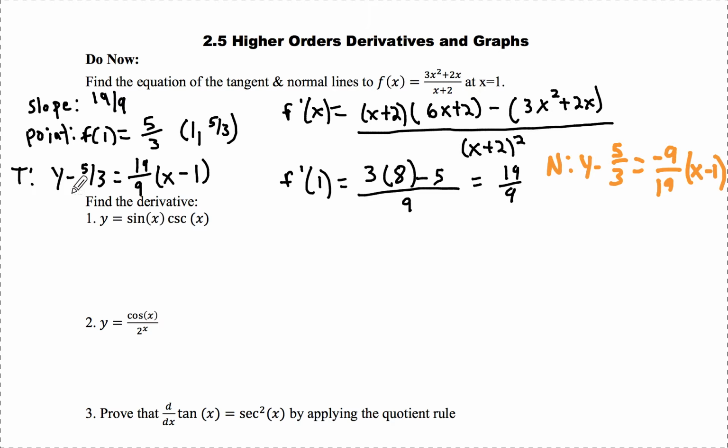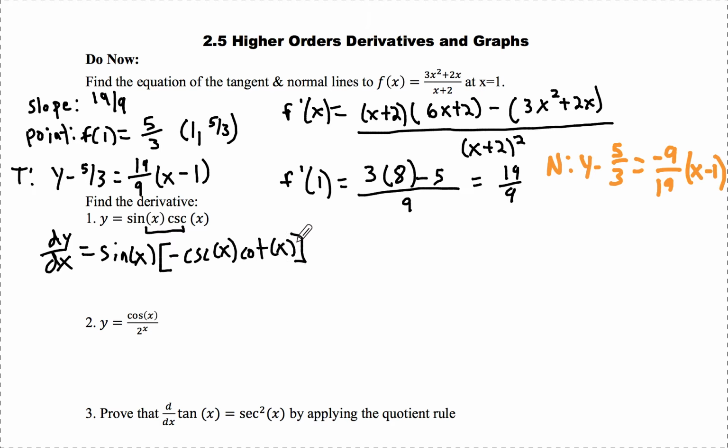We have some derivatives to find down here. For dy dx, always assess first what kind of function we're looking at. In this case, we have a product: two things multiplied together. So we need the product rule. The product rule says keep the first times the derivative of the second. The derivative of cosecant is negative cosecant of x cotangent of x.